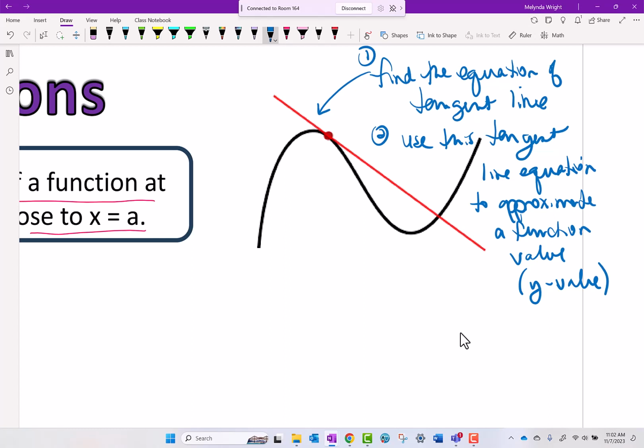For example, let's say we find this tangent line equation in red. And let's say I want to know this y value. Notice it's on the black curve. Well, what would I do?